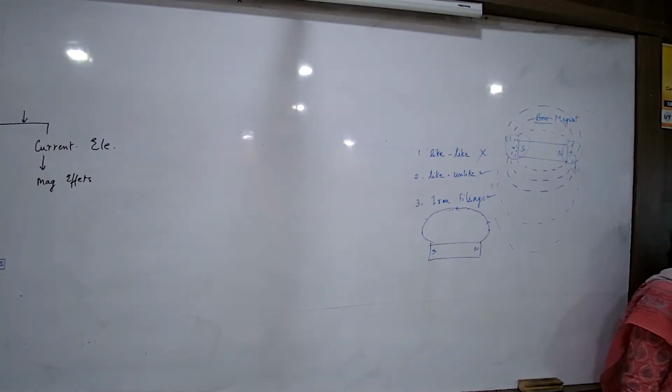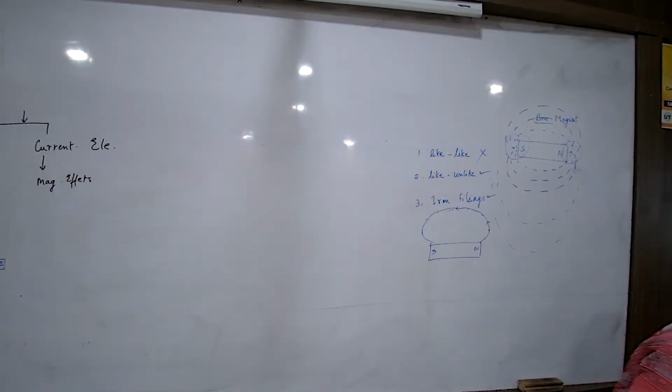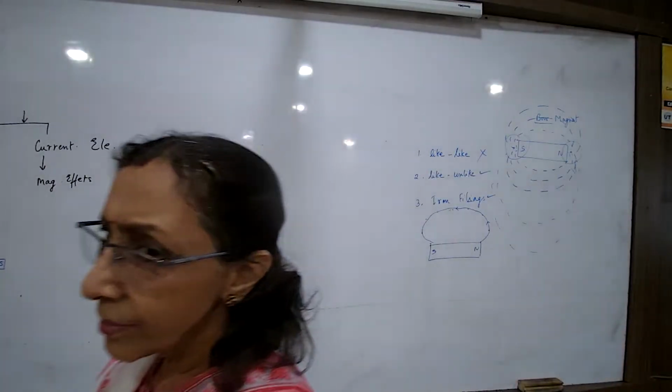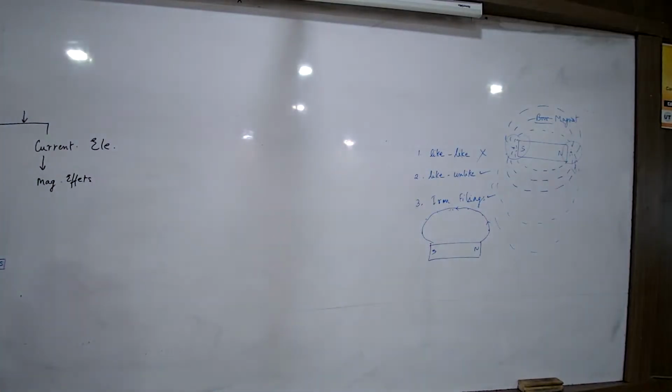Is that okay? Now my question. Yes, the question is, we have learned about the magnetic field. Is it a vector quantity or is it a scalar quantity? I think vector because it shows direction.